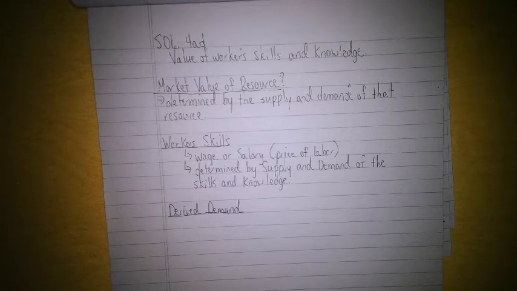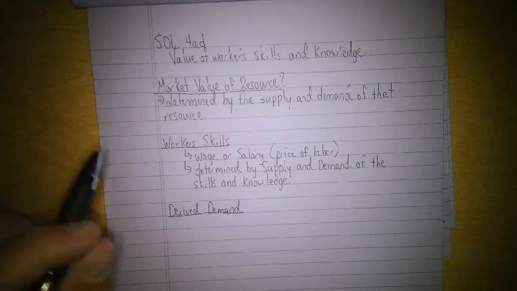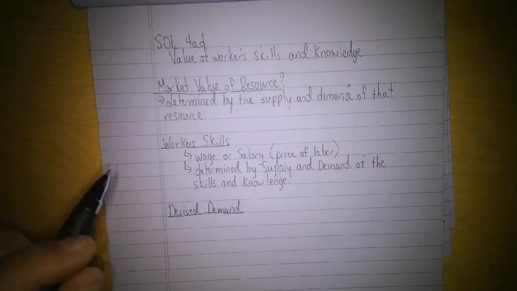Does that make sense? If, say, a flood comes through Carroll County and wrecks a bunch of homes, we're going to need a lot of construction people here, right? So the demand for that's going to be high. Well, resources for that is also going to go up higher. Does that make sense?